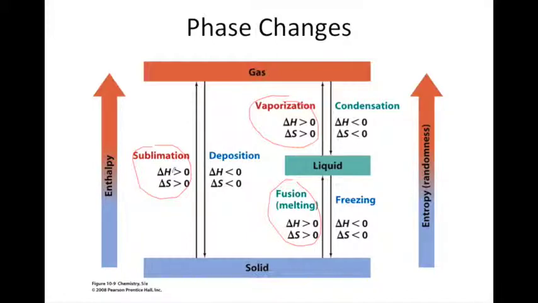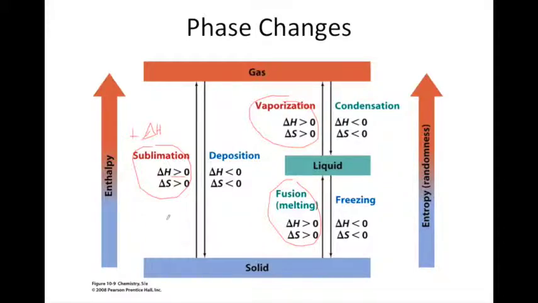Remember, we talked about enthalpy previously. We said anytime a process breaks intermolecular forces or chemical bonds, heat is required, and the delta H value will always be positive. So each of these processes that I have circled here, the delta H values will all be positive. Now the delta S values, of course, we're going from a less random state, solid to a gas, liquid to gas, solid to liquid.